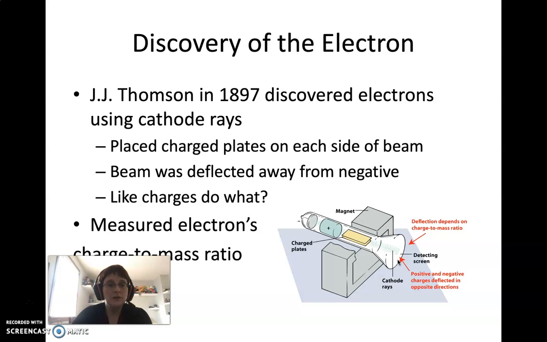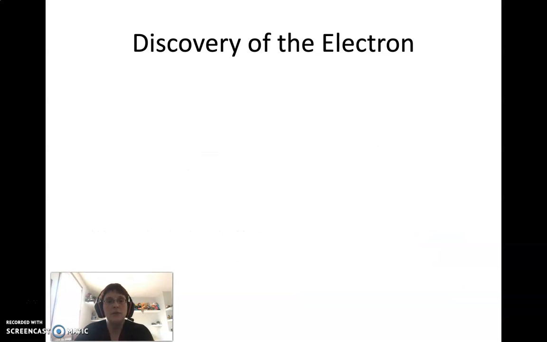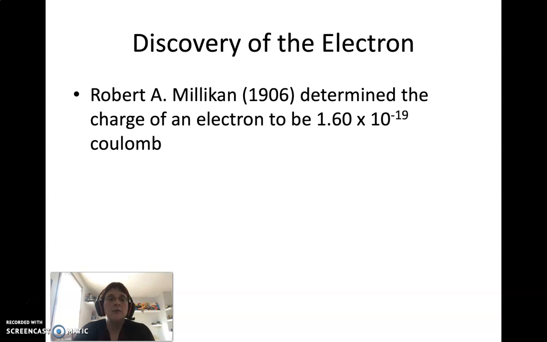He also ended up measuring the electron's charge to mass ratio, and he even kind of figured out how big they were. Robert Millikan in 1906 went even farther and determined what the charge of an electron would be.